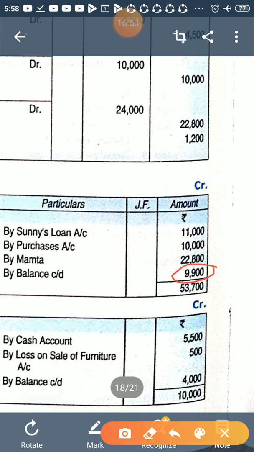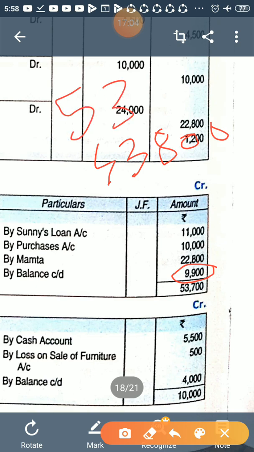So the debit side total is higher than the credit side, so we will deduct the lower balance from the higher, and it is 9,900.